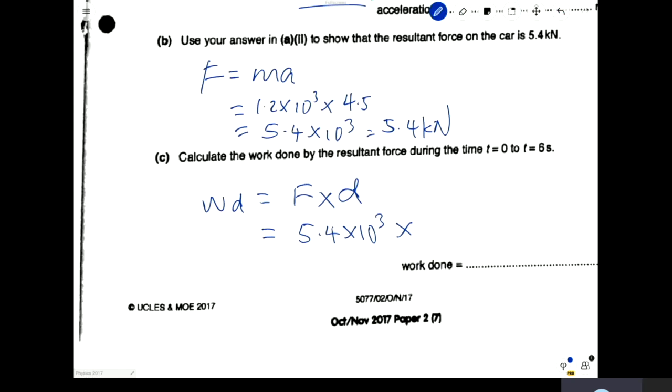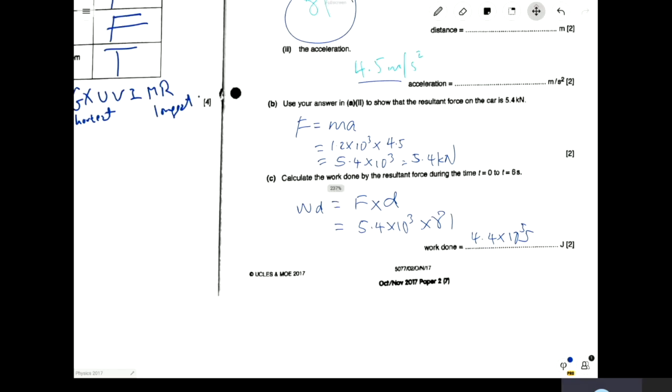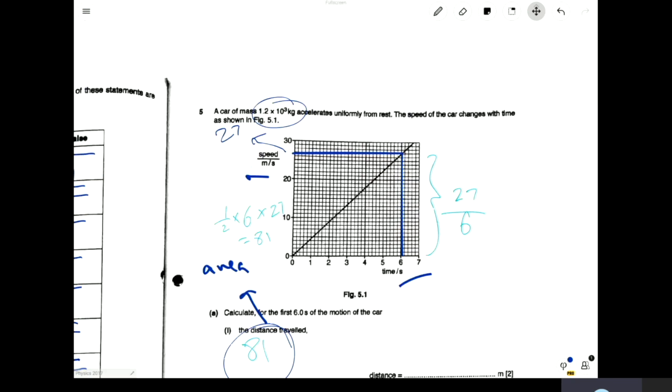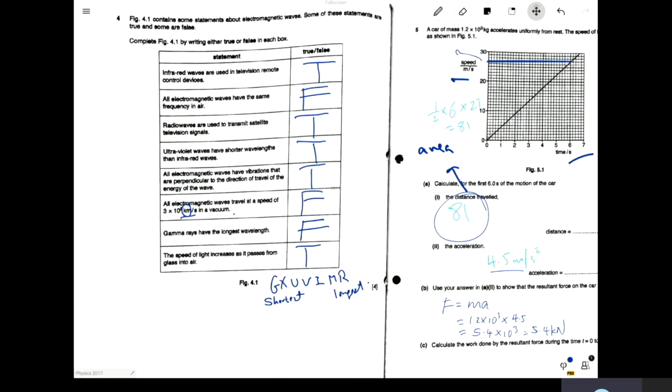So 5.4 times 81. So work done, on the calculator, is 4.4 times 10 to the power 5 joules. See that? These are all formulas. Please memorize the formulas. Formula will save your life.